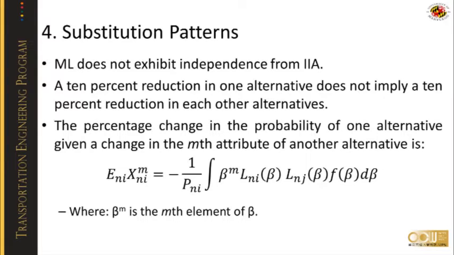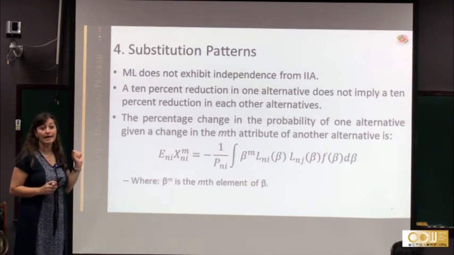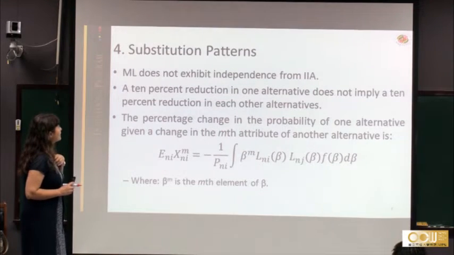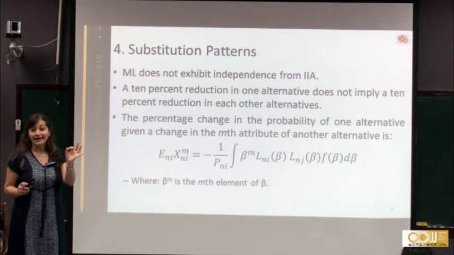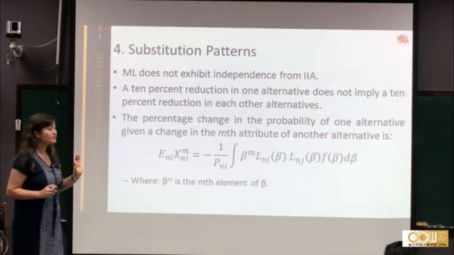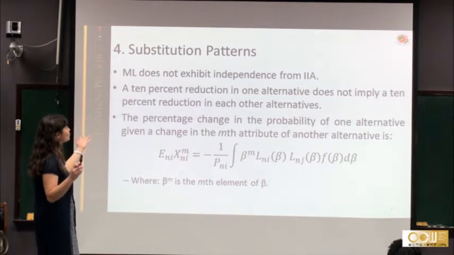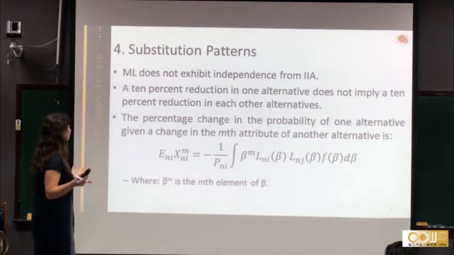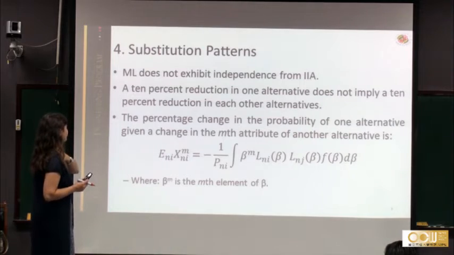This is the substitution patterns problem. So mixed logit does not exhibit the independence from irrelevant alternatives (IIA) hypothesis. But you need to have an error component in your structure. So if you have an error component in your structure, then a 10% reduction in one alternative does not imply a 10% reduction in each other alternative.